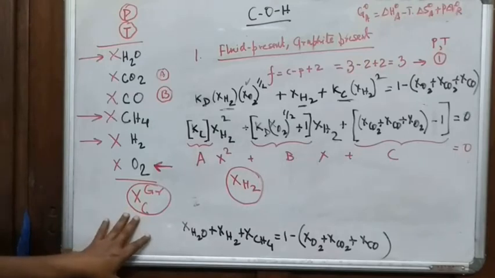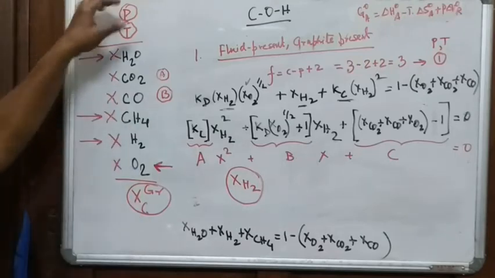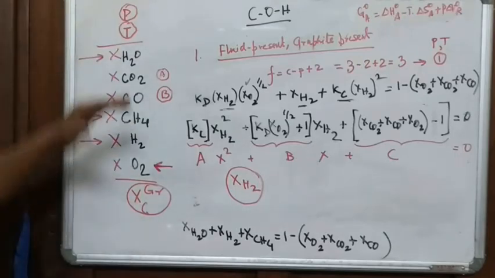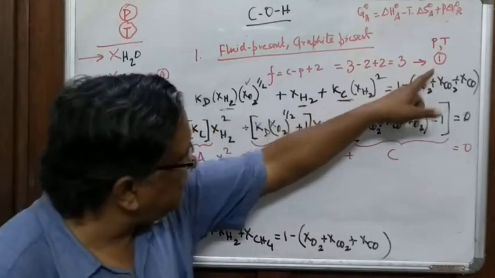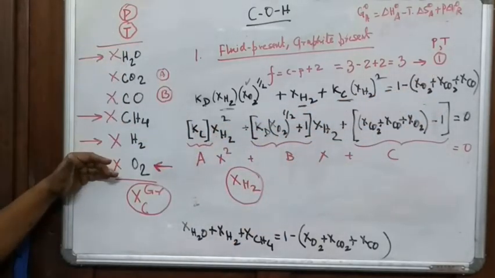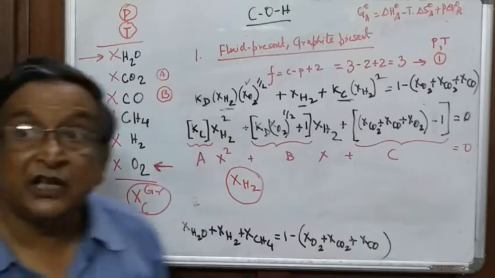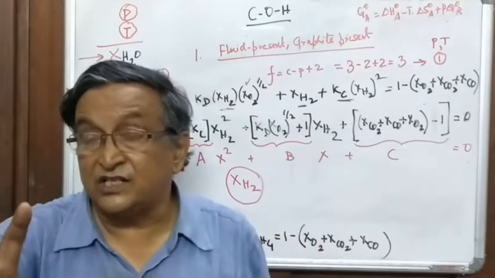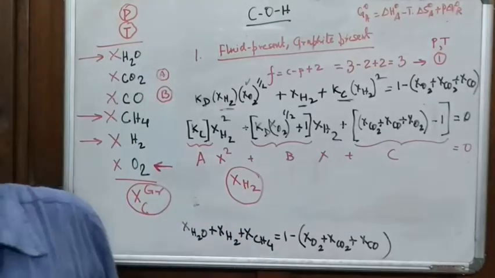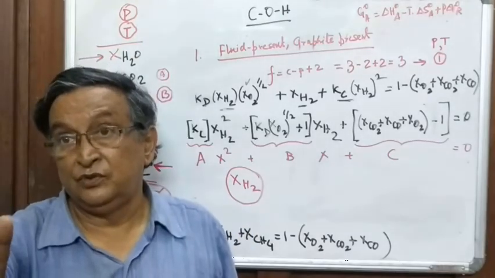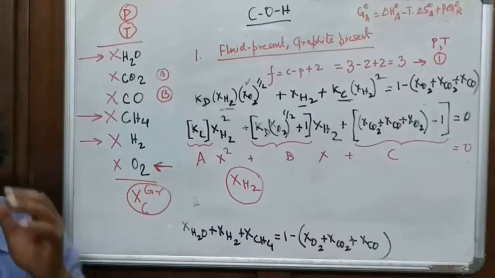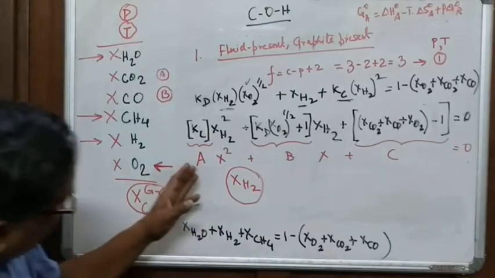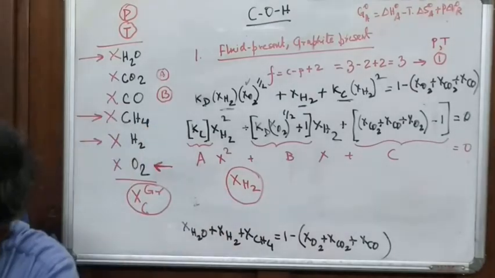This is already known because graphite is absent. These two are already known from thermodynamics. So it says if you give one parameter, I will give you all 6 parameters. Why? Because there are 4 independent reactions. It doesn't matter how you write the reactions. There are 4 independent reactions, which is inherent for the system. And you have one extra equation.